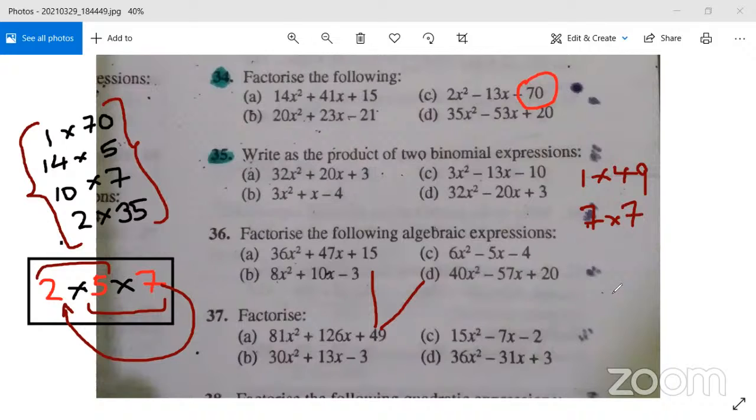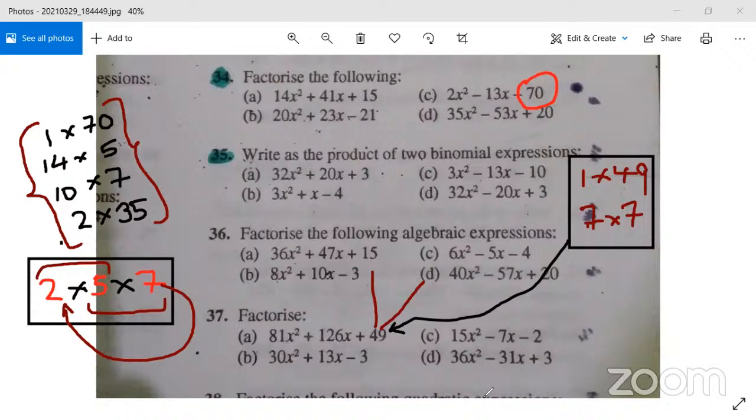That is the list of possibilities for 49. So there is no further exploration needed. This is all you can get from 49.